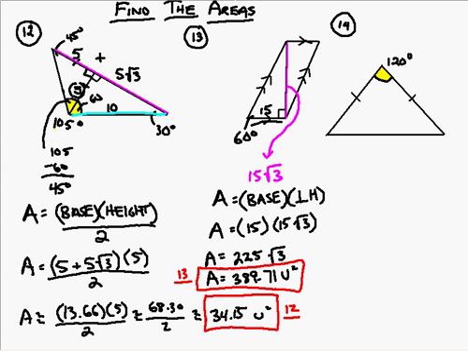Okay, going on to number 14, here I have an isosceles triangle, 120, and it says in the problem that these lengths are each 24.